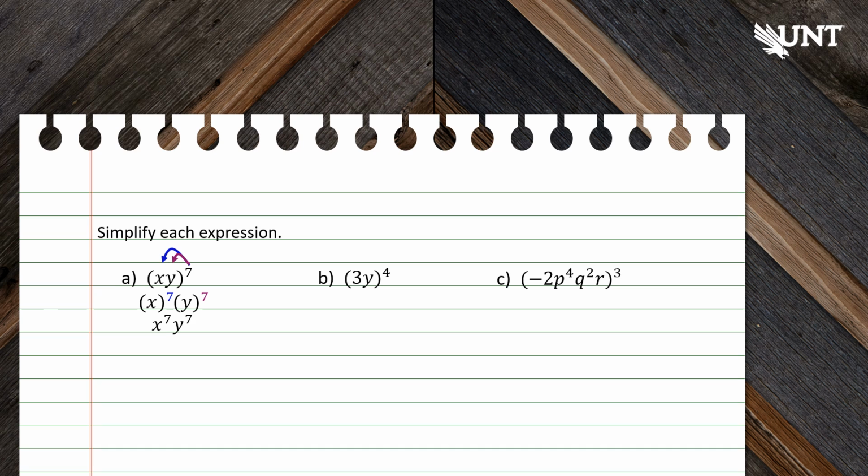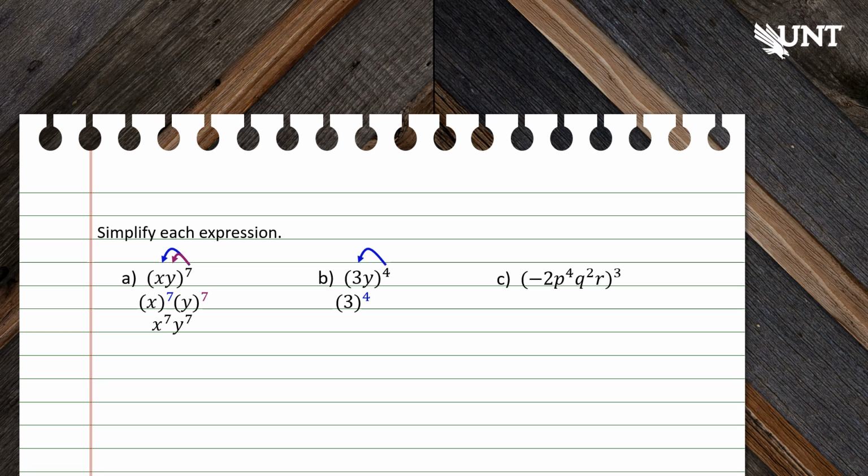For B, we have the problem (3y) raised to the power of 4. In this case, we cannot simplify anything inside the parentheses, so now we're ready to deal with the exponent. The exponent on the outside must distribute to each factor on the inside. The first factor is a 3, so we write that as 3 to the power of 4.